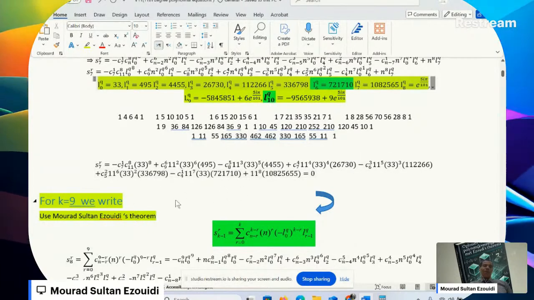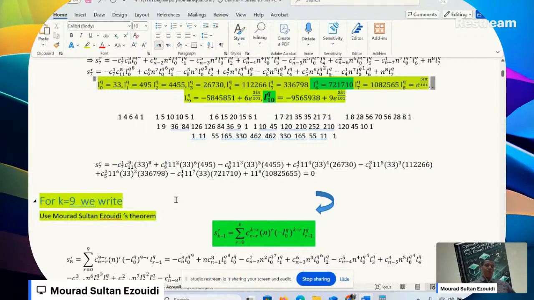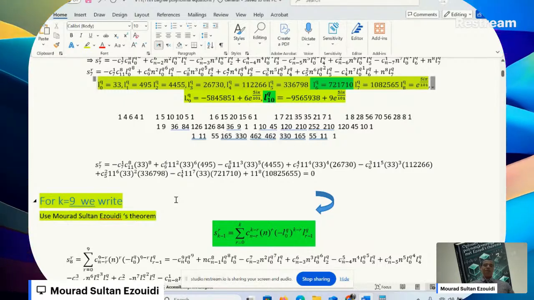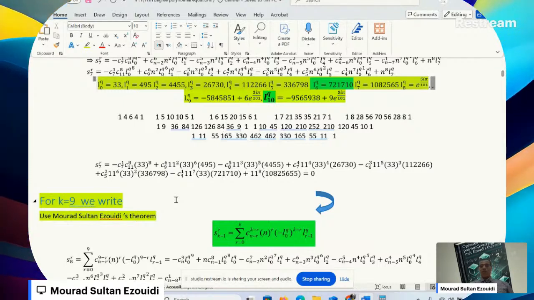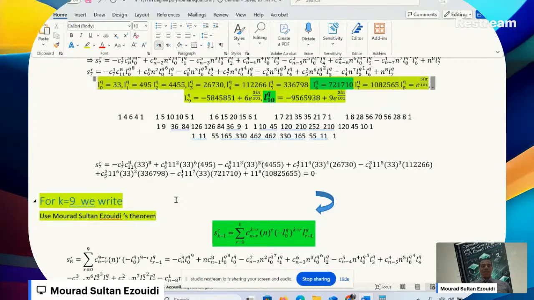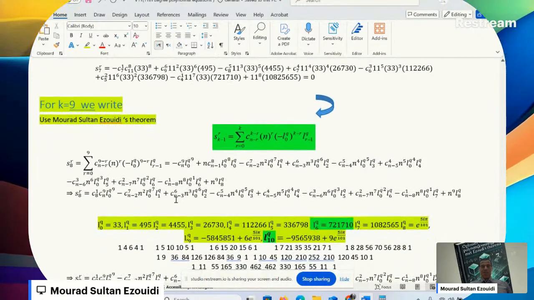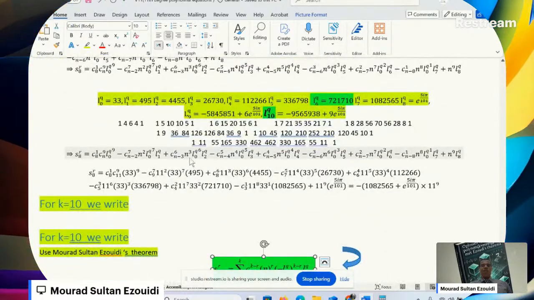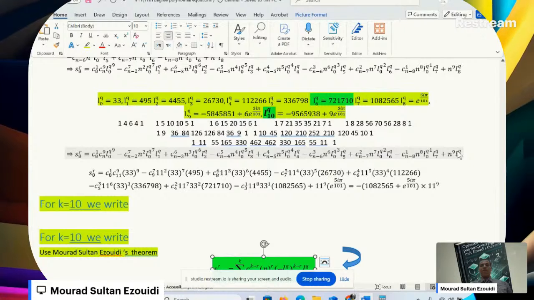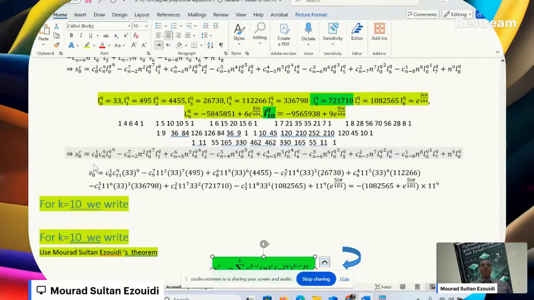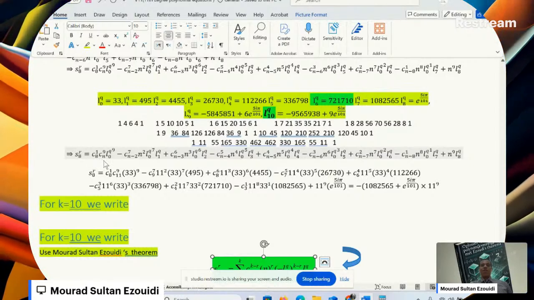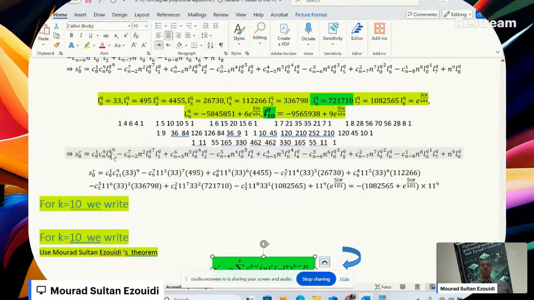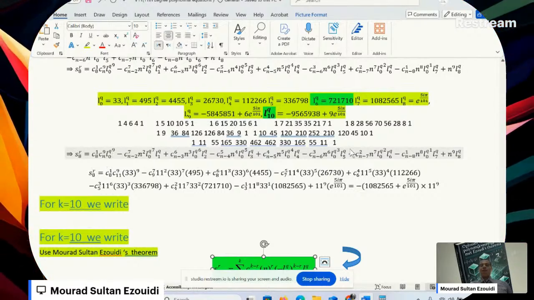Now I'm going to dive again, my professors, into the theorem of Mourad Sultan Ezouidi, and you will write S8 with k equal 9, and we will find that S8 is equal to this one, which starts with combination 8 choose 1 times combination n choose 9, and so on up to the power 9.